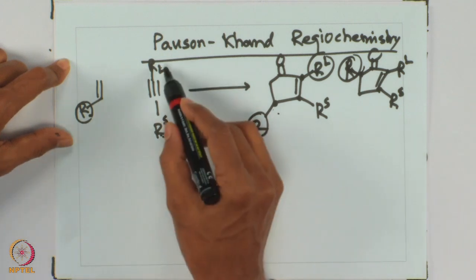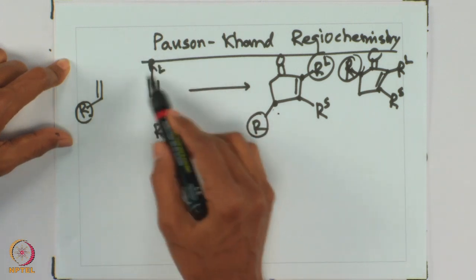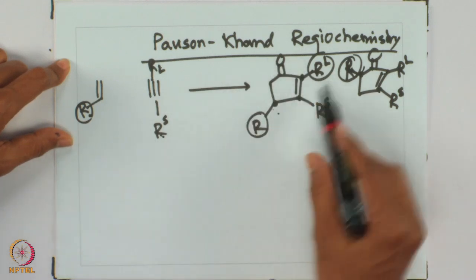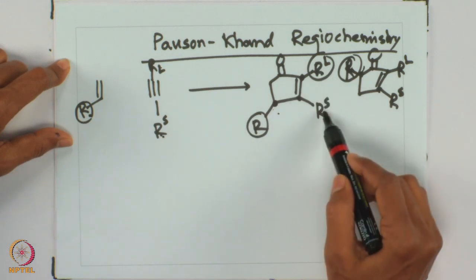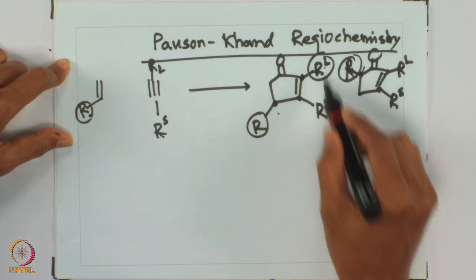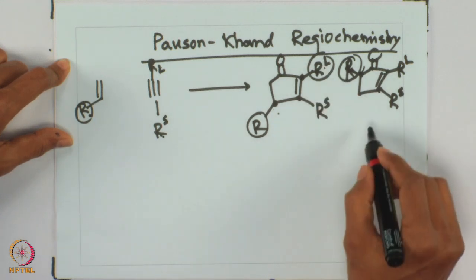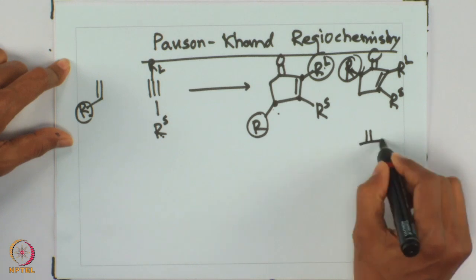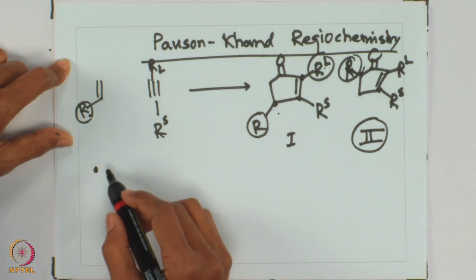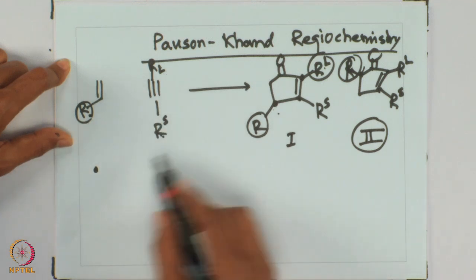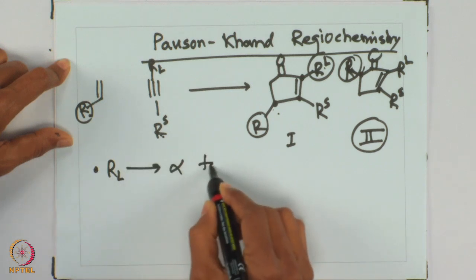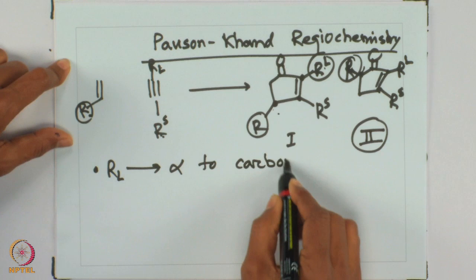Now, as we are saying, R_L, the large substituent, will always be close to the carbonyl, and if R_L and R_S are not hydrogen, then mostly we get this compound 2. So, the first fact is you will have R_L always alpha to the carbonyl, that is the first fact.